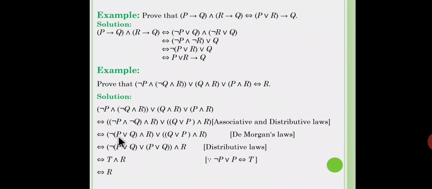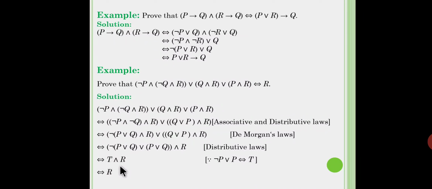Next, negation P and negation Q, by De Morgan's law, we write negation of (P or Q), and R, or (Q or P) and R. Here we apply the commutative law: Q or P is P or Q. So (negation of (P or Q) or (P or Q)) and R. This is of the form negation P or P, which is equivalent to true.